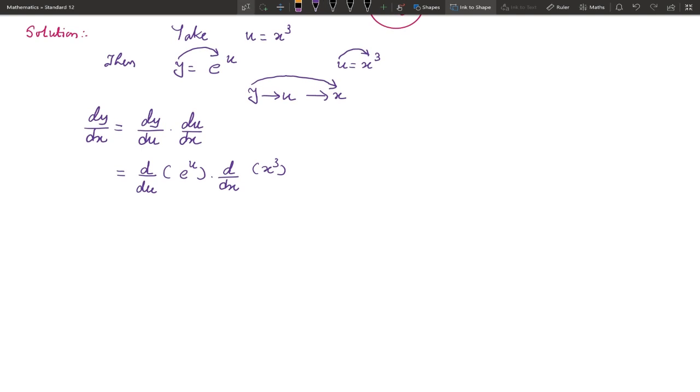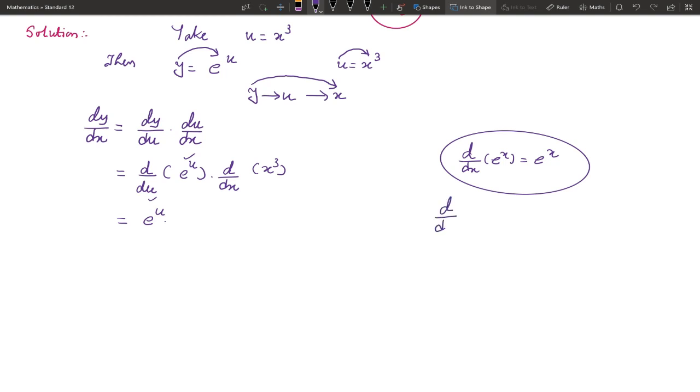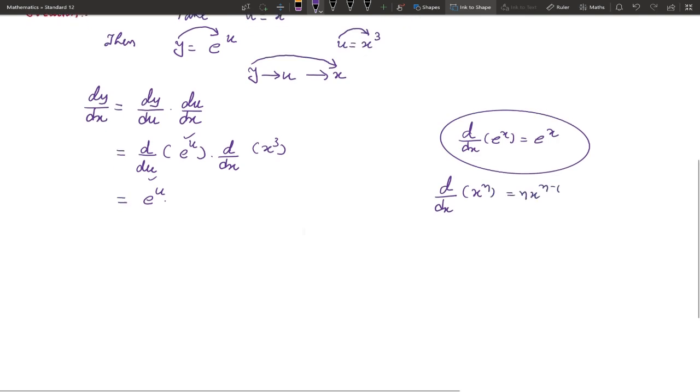Now the derivative of e raised to u with respect to u: we use the formula d by dx of e raised to x equals e raised to x. So this is e raised to u. Now the derivative of x cube with respect to x: use the formula d by dx of x raised to n equals n x raised to n minus 1.